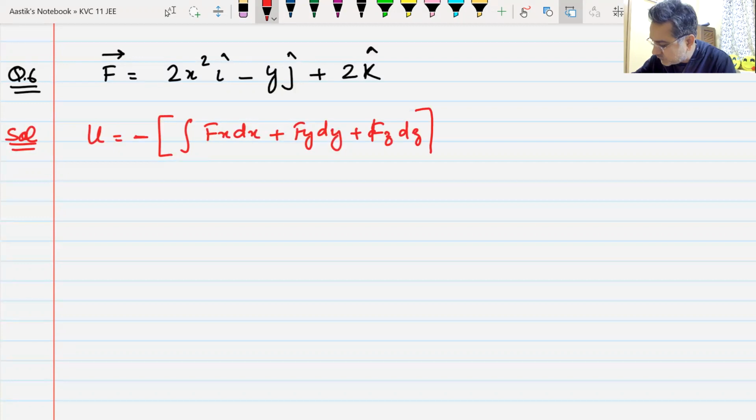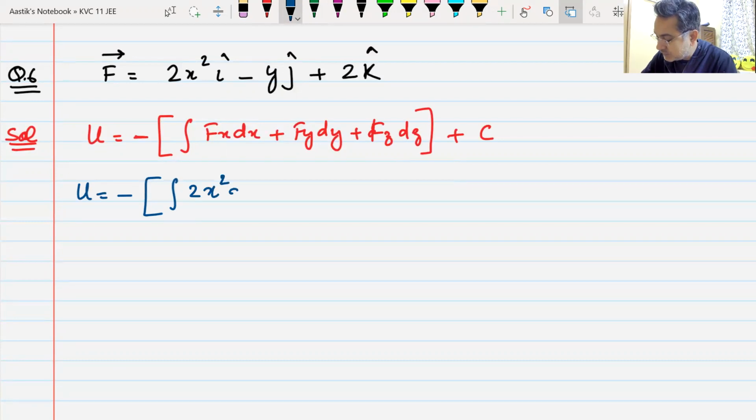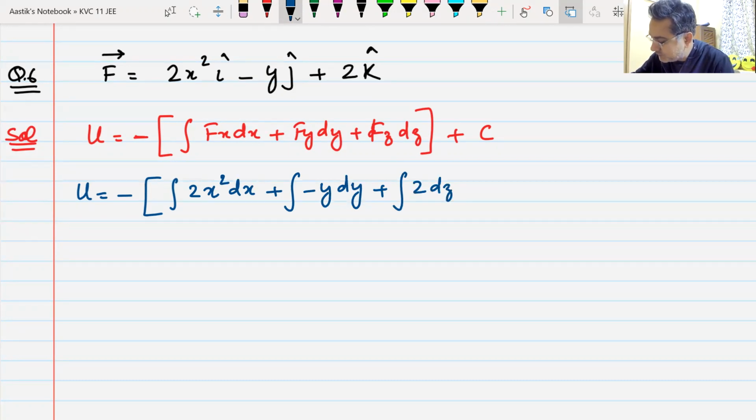Write it as a shortcut formula like this if you are facing troubles in understanding how it is done. So u will be equal to negative sign comes out, integral of 2x square dx. Now you can make them different, plus integral of minus y dy plus integral of 2 dz plus c.